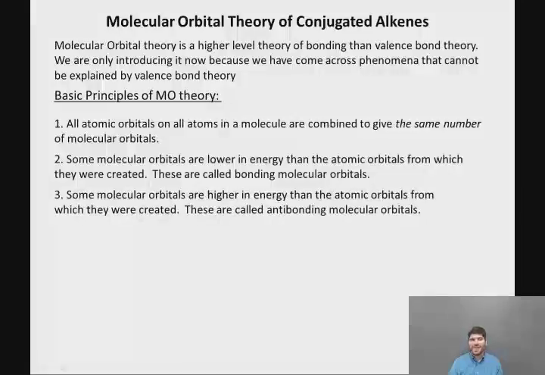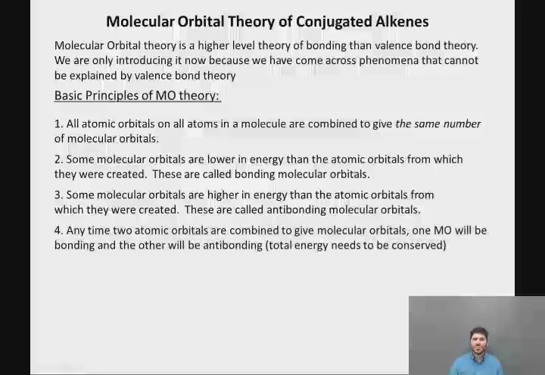Now, similarly, some molecular orbitals that you get out are going to be higher in energy than the atomic orbitals from which they were created, and these are going to be called anti-bonding molecular orbitals. So anytime you take two atomic orbitals and combine them to give molecular orbitals, one will be a bonding MO and the other will be an anti-bonding MO.